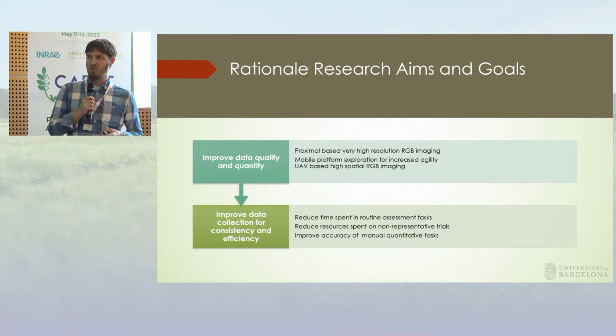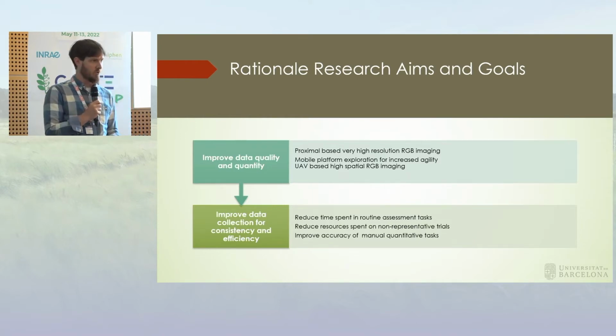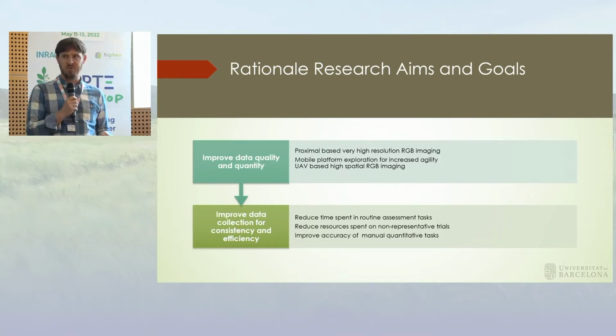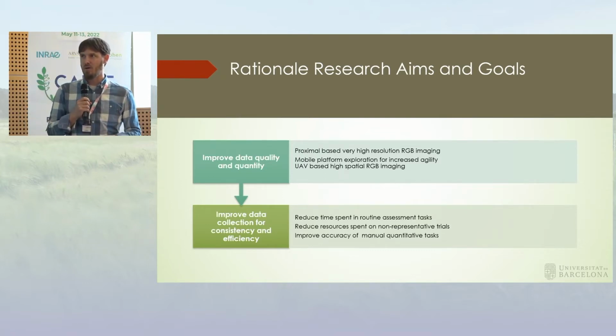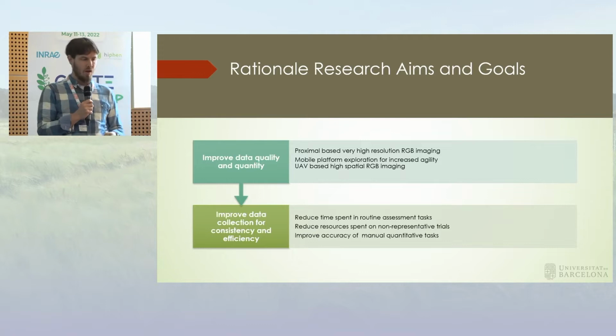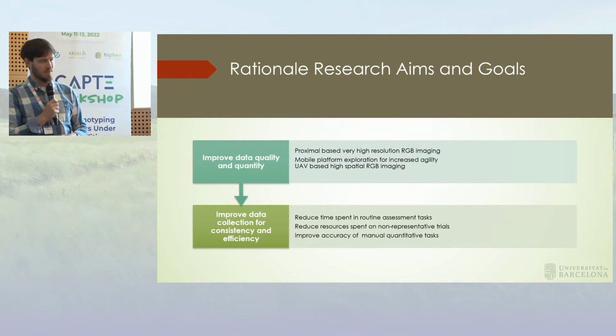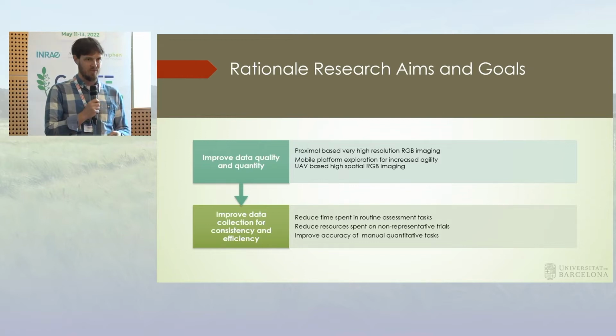So looking at proximal-based imaging, high-resolution RGB, mobile platforms, mobile phones, or other things that move, UAV RGB imaging, and then what can we do on the backside of that to improve data collection for better consistency and efficiency?